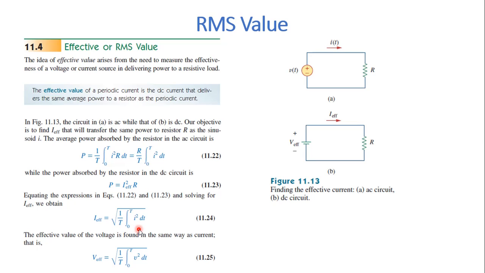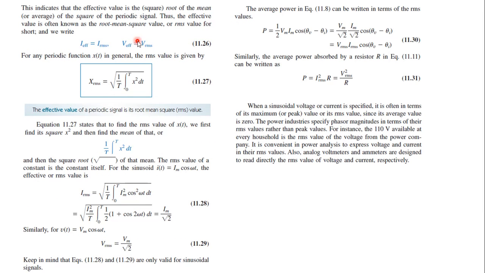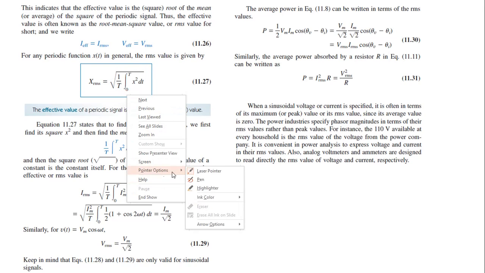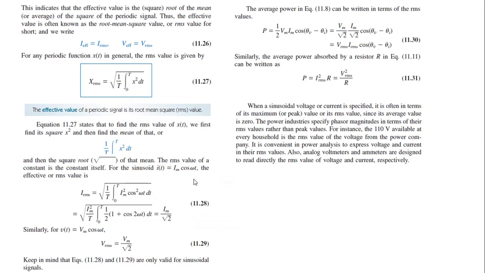Taking the square root of that gives the root mean square value. That's why the effective value is known as the root mean square value. There is a square root here, and we take the mean of the squared value.